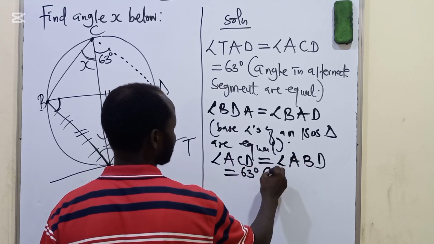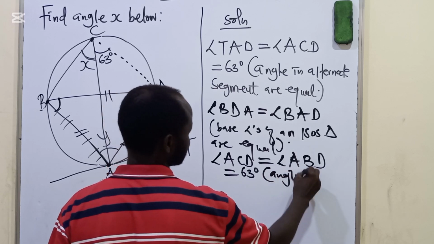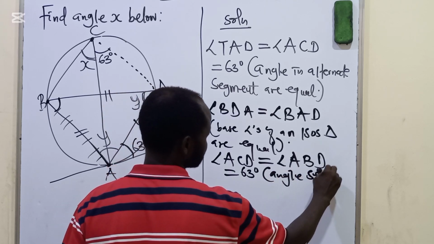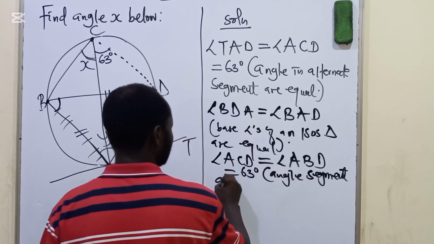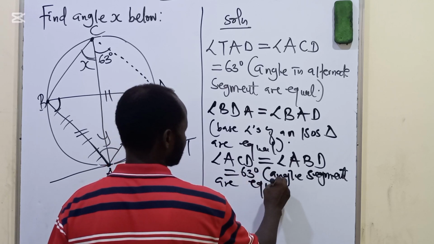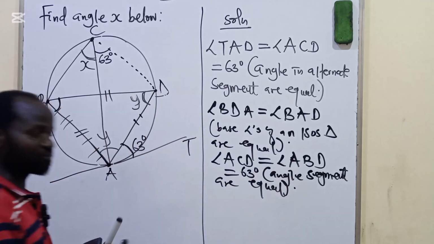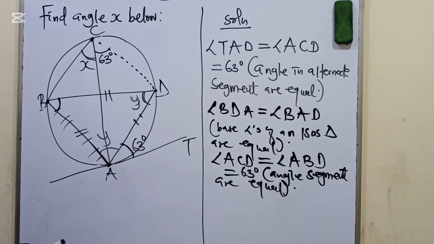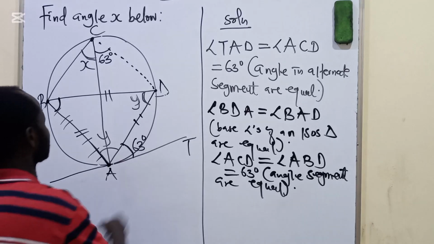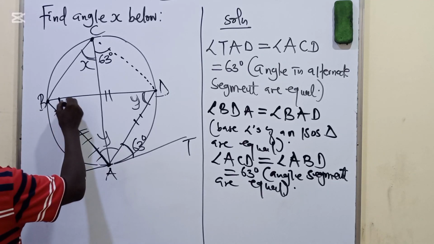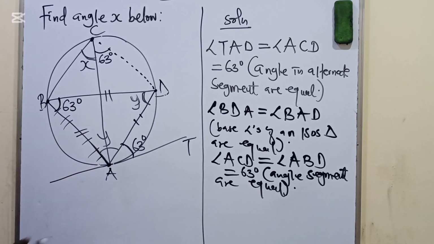The reason is angles in the same segment are equal. Angles from the same chord, or a triangle from the same chord, will form the same angle at the circumference. So the angle here will be 63 degrees.